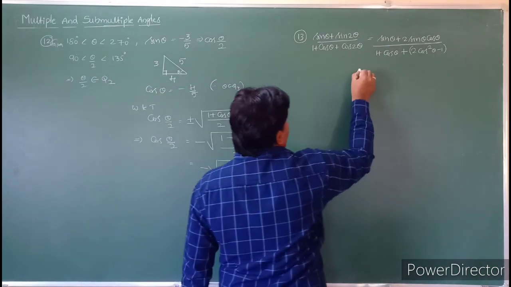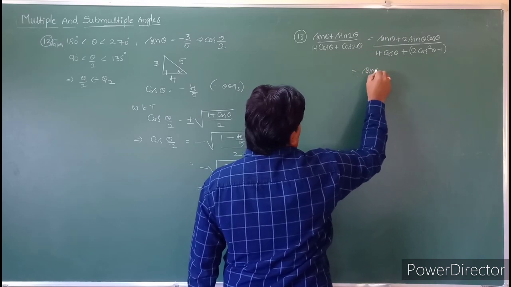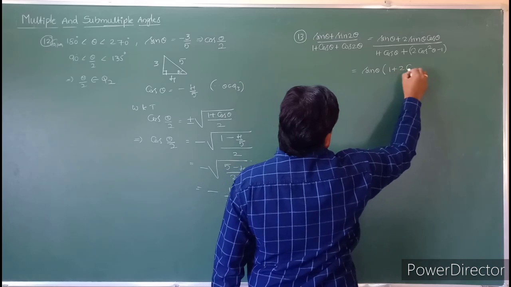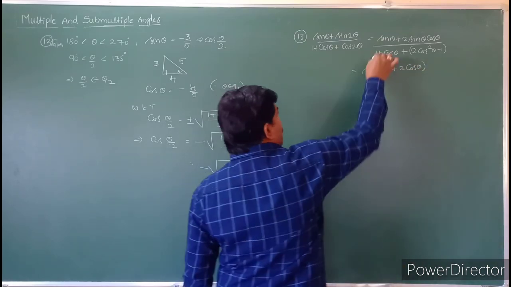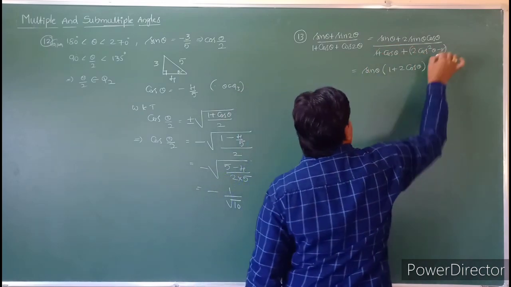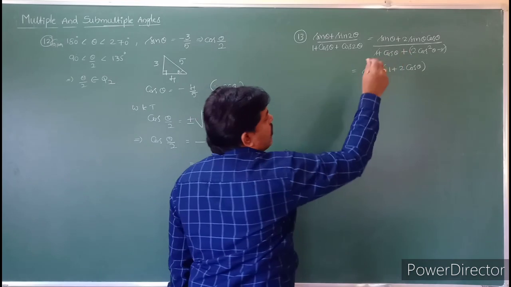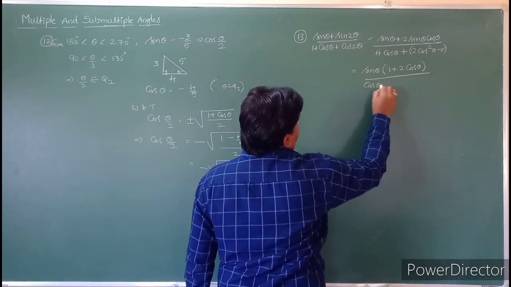So in the numerator I will take sin theta common. It will become 1 plus 2 cos theta. In the denominator I will cancel this 1 and this minus 1, and the remaining value is cos theta plus 2 cos square theta. In the denominator I will take cos theta common.